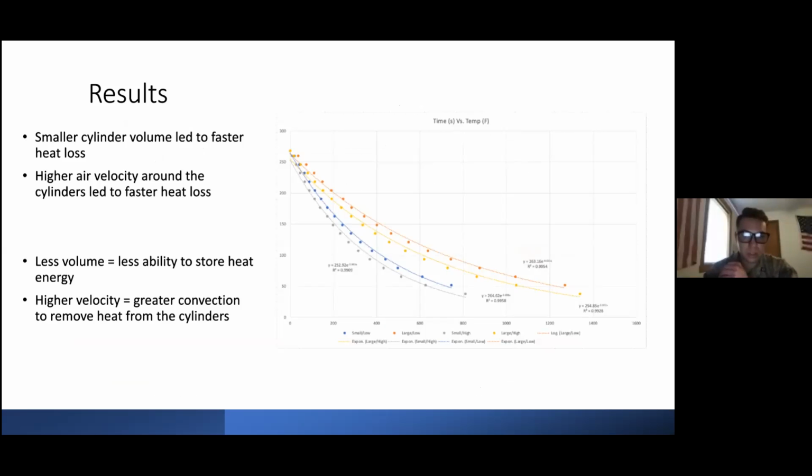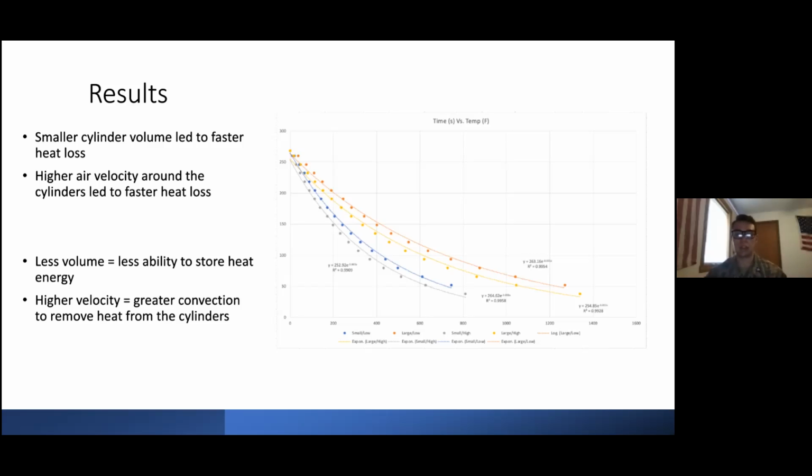To start off the results, we'll begin with our graph to give a visualization of how the temperature changed over time. As you can see, the smaller cylinder had the fastest heat loss because it doesn't have as much mass and volume, so it's not able to hold as much thermal energy, and it gives it off faster.